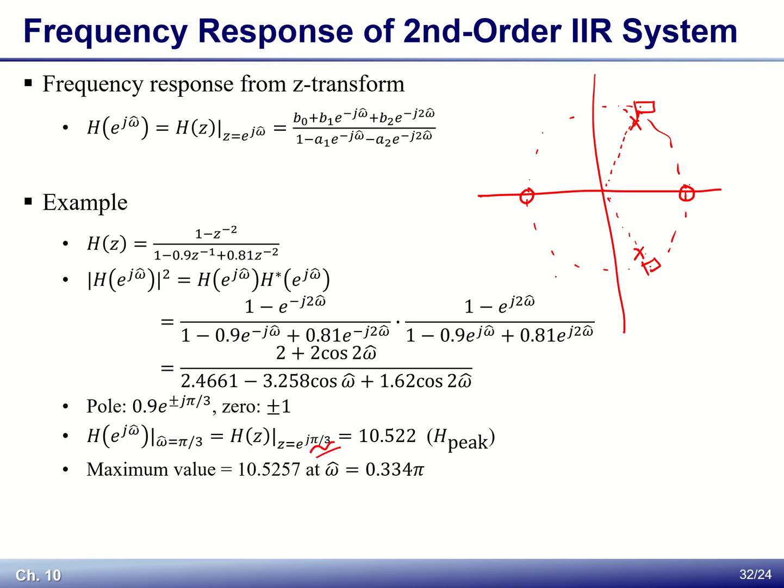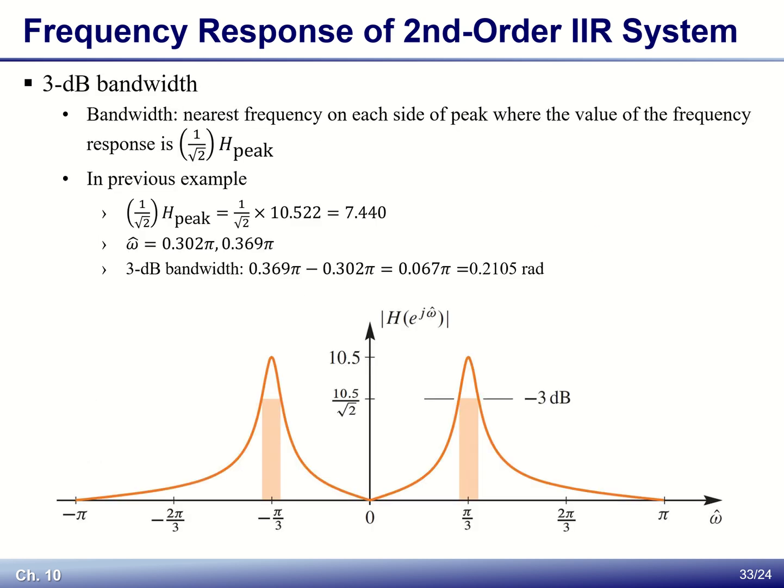So our guess near the pole is similar. When you draw the magnitude, close to pi over 3 you will get the maximum value.